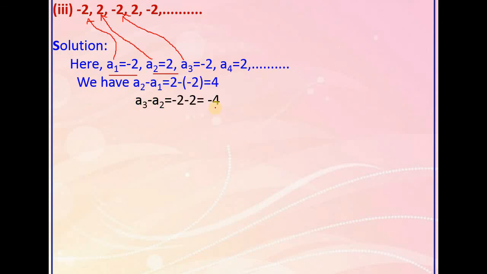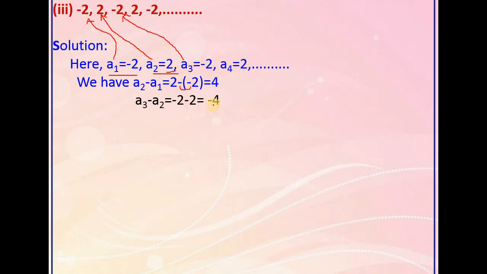Now let us find the common difference. We already know how to find the common difference. a2 minus a1: a2 is 2 minus a1, which is minus 2. Minus into minus is plus, so 2 plus 2 is 4. Now let us take the difference of the third term and the second term, a3 minus a2. a3 is minus 2 minus a2, which is 2.